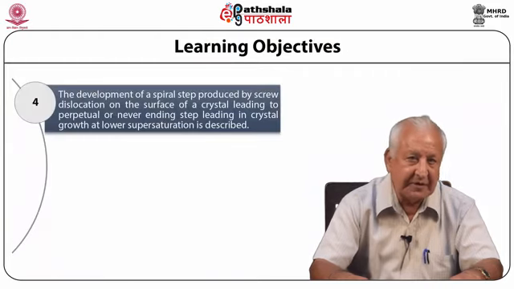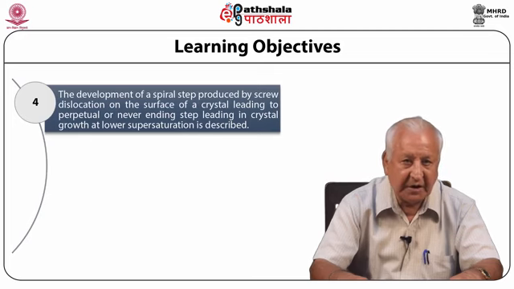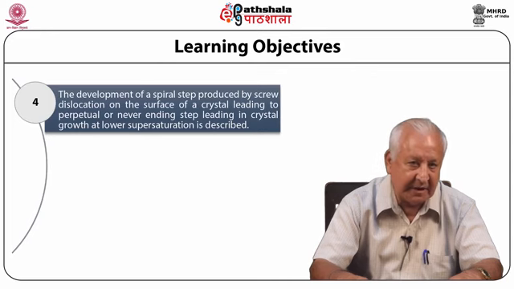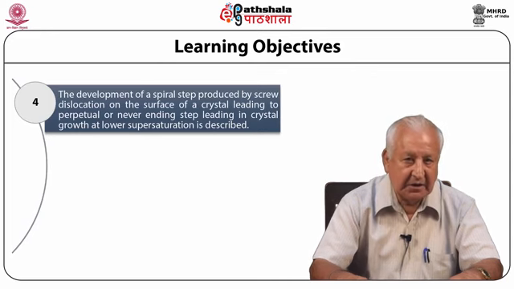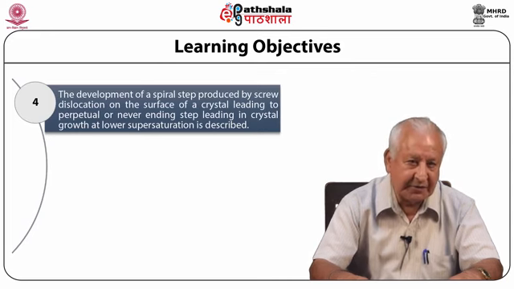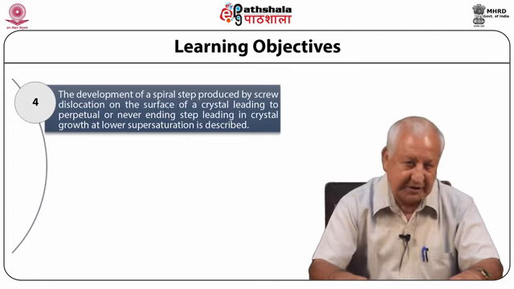The development of a spiral step produced by a screw dislocation on the surface of a crystal, leading to a perpetual or never-ending step leading to crystal growth at lower supersaturations, is described.